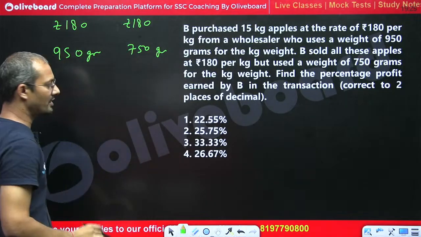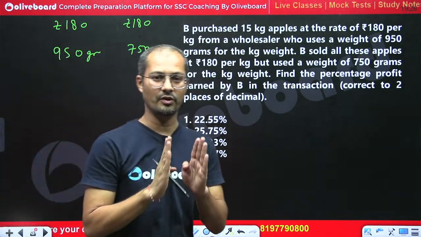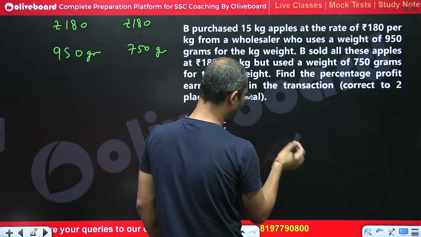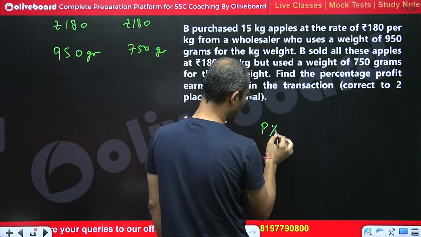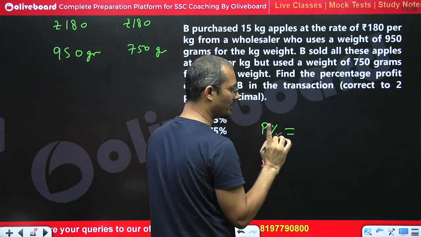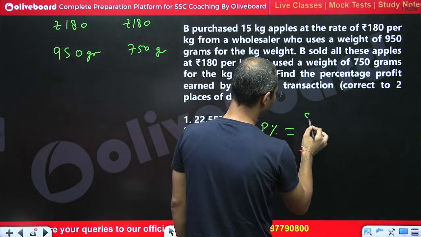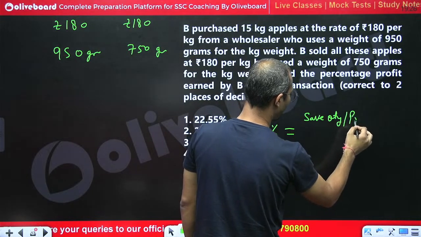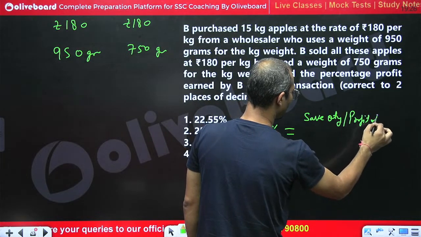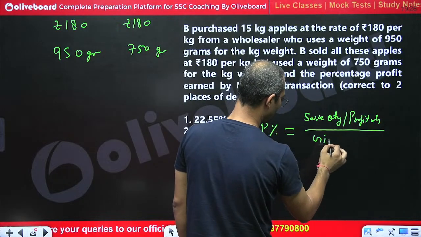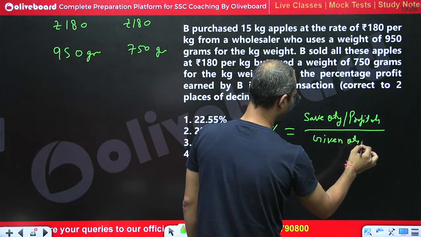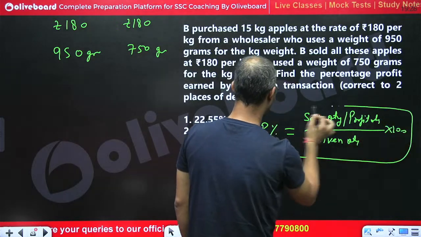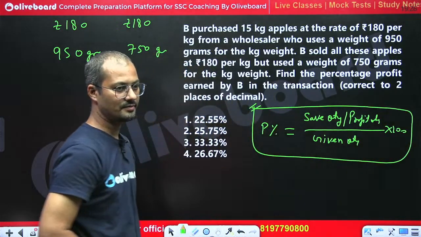Yes, this is a question from the dishonest shopkeeper, right? So we know very well the profit percent in a dishonest shopkeeper case is equal to saved quantity, or we can say profit quantity, divided by given quantity into 100. This is the formula which we use for the dishonest shopkeeper case.